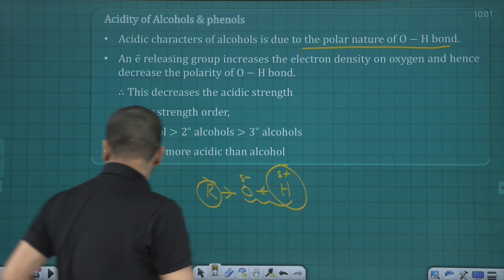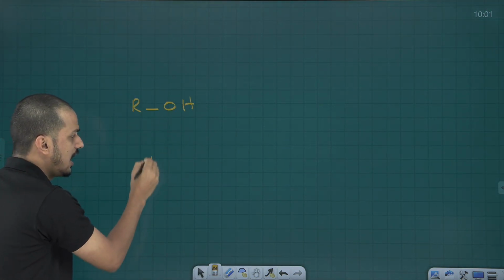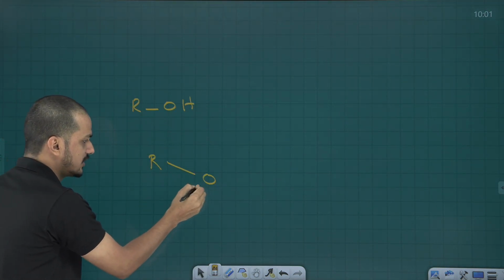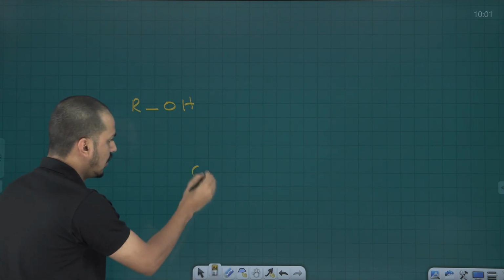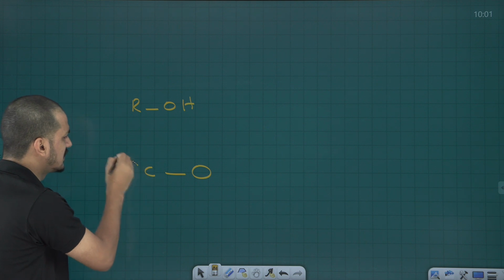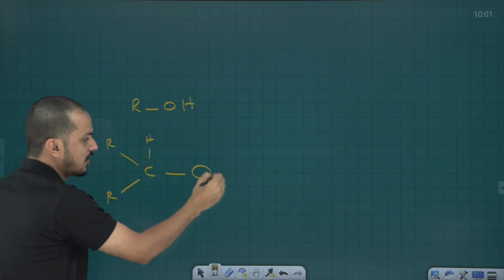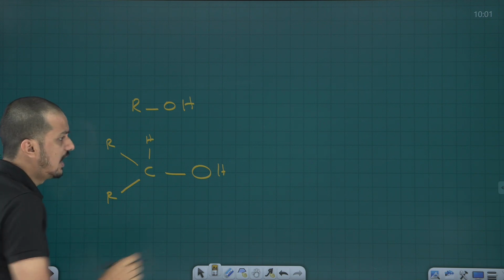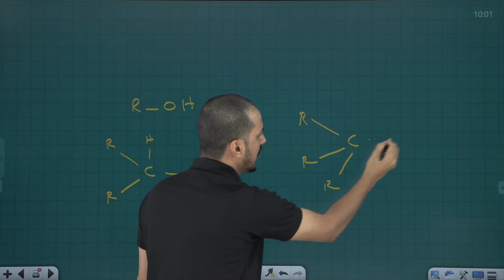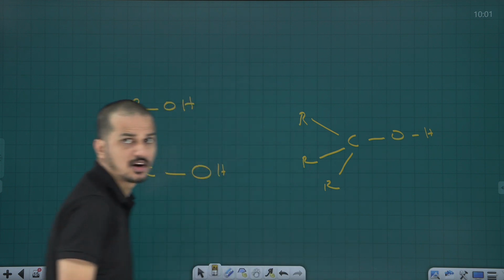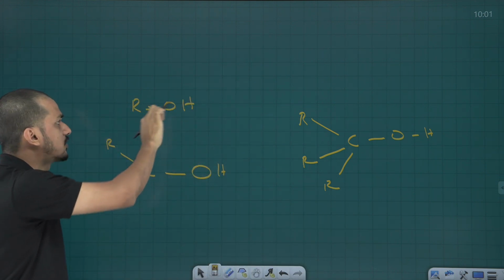Automatically this polarity will decrease, meaning this OH bond becomes less polar, and that becomes less acidic. That's why ROH, R2CHOH, and R3COH: we can write like this, O connecting with CRR, and OH is there. This is secondary alcohol and tertiary alcohol. In the primary case, only one alkyl group is donating electrons to oxygen.